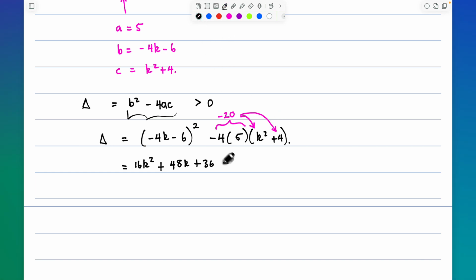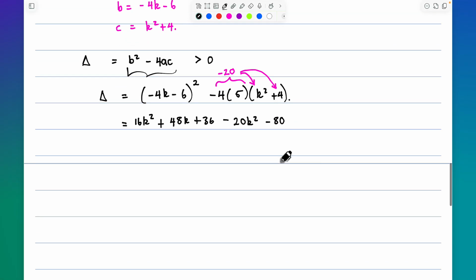Okay, so negative 20 times k squared, that's going to give you negative 20k squared. Negative 20 multiplied by 4, that's going to give you negative 80. All right, then let's simplify the expression. The expression now is going to be 16, actually group your squareds again, right? So take your k squared and k squared.